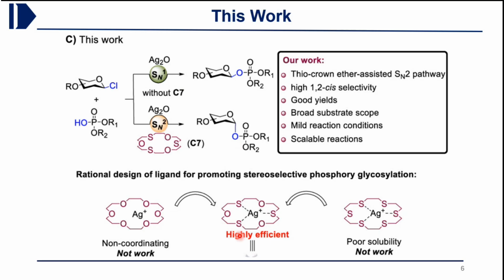They also tried other ligands. This one, with only oxygen, is not coordinating properly, so it is not working. Another with only thio shows poor solubility in the solvent, so this is also not working. So they worked with this mixture thiocrown ether.